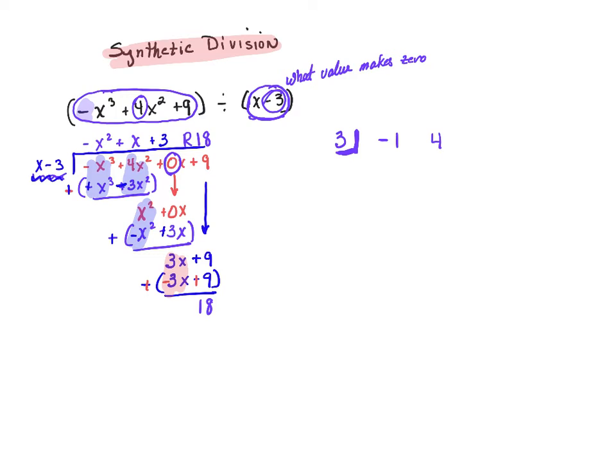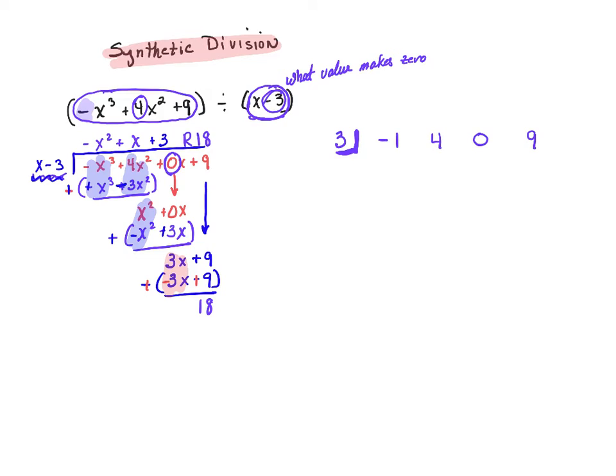Remember, we had to put a 0 in for the x term. So we're going to have to put a 0 in our synthetic division. And then we put our constant term, which is a 9. So there's the setup. Just like you have to have a strange setup for when we do long division, this is the strange setup you use for synthetic division.